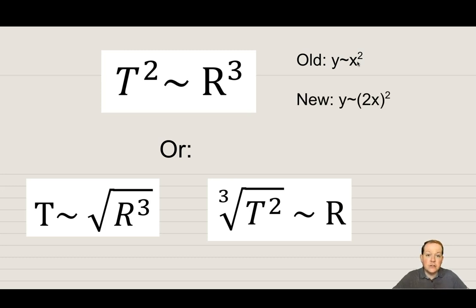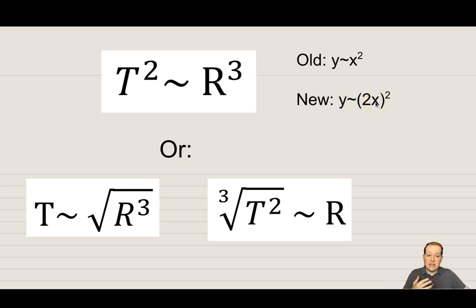The way we learn to do this, if you're in my own class, is we write out the original and then we put in the change. If I double x, that means instead of x, I'm going to have 2x. Here's why I'm putting this in this slide. You need to remember that when we're dealing with exponents, and this is all about exponents, the rule of math is you need to apply the exponent to both things.